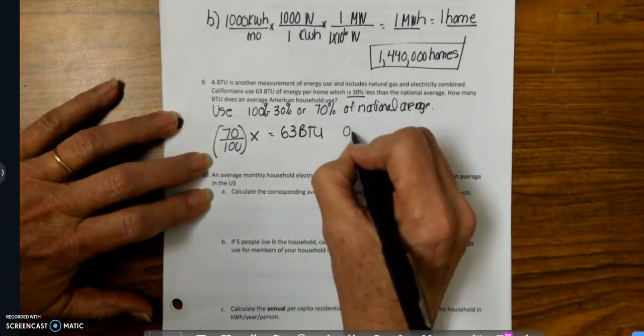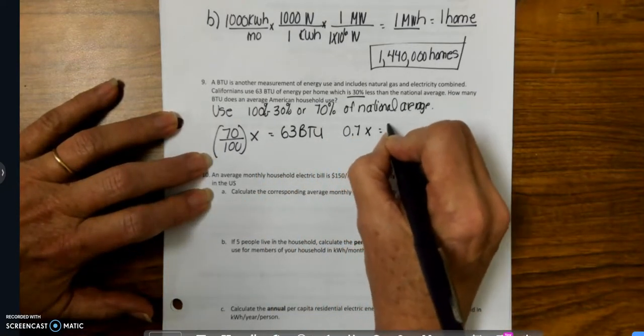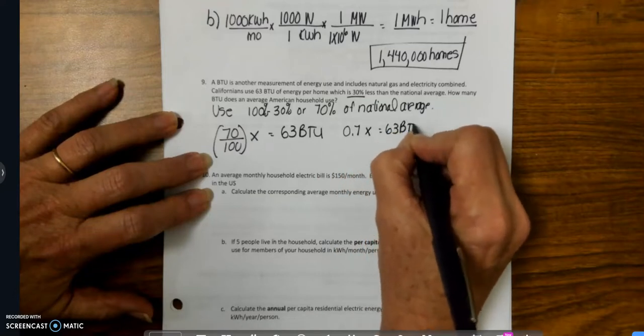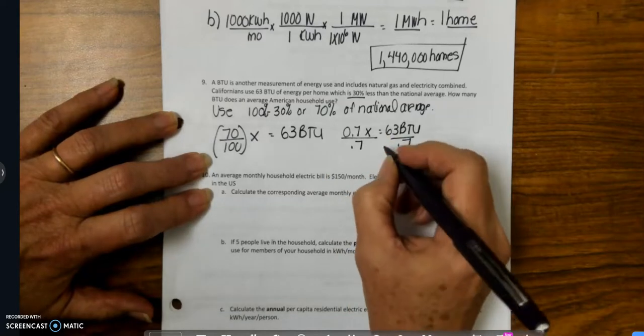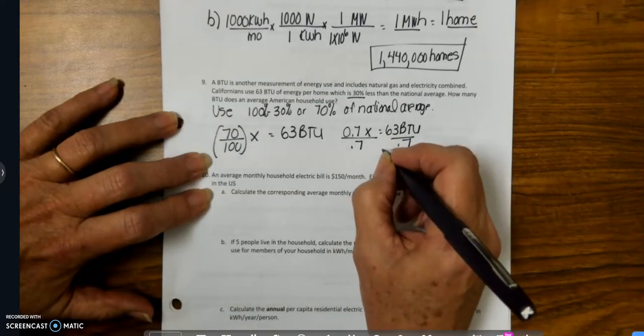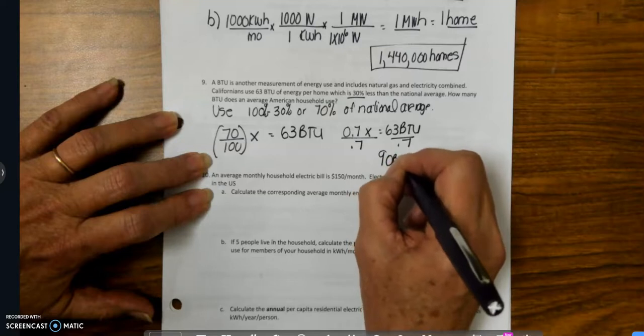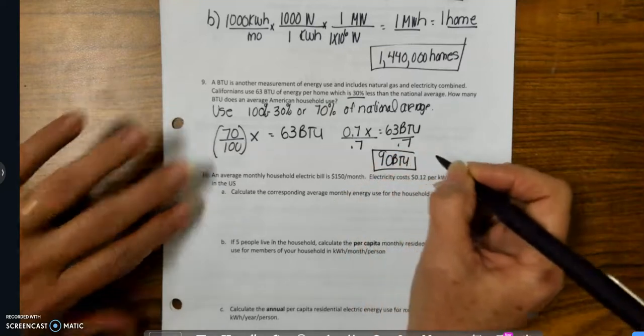So that means that 0.7 times x is equal to 63 BTU. Divide both sides by 0.7, and I get 90 BTU. Box my answer.